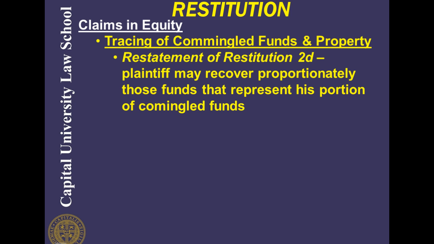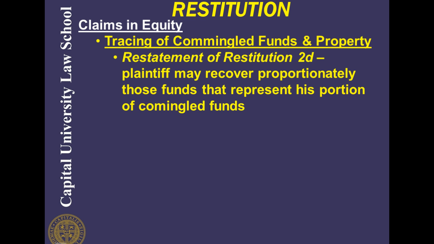So in my example, as I stated before, where the defendant had 50,000 in the account and converted 25 of the plaintiff's money, well, then in that instance 2/3 of the funds would be deemed to be the defendant's and 1/3 would be the plaintiff's on all subsequent withdrawals from the account, or whatever is left in the account.